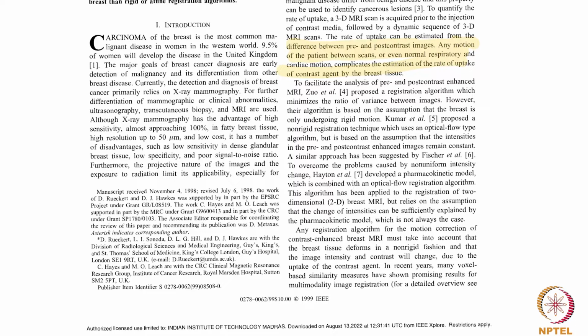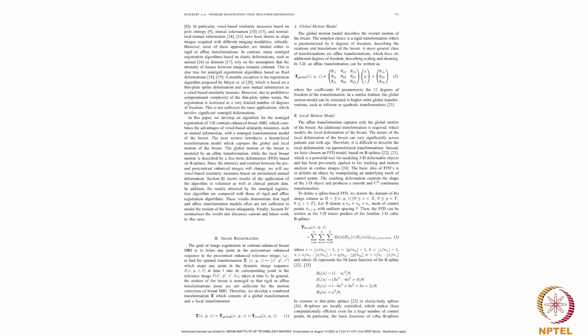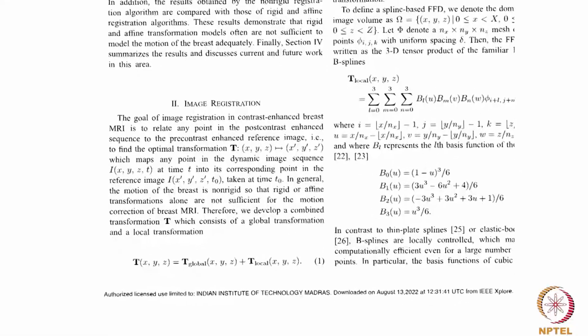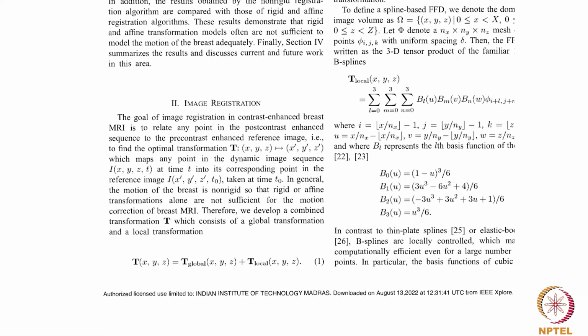Okay, so let's go into the paper. It comes in two steps. One is that it models the registration as a combination of two registrations. One is a global and a local registration. Okay, this global registration is nothing but your rigid body registration, just rotations and translations.